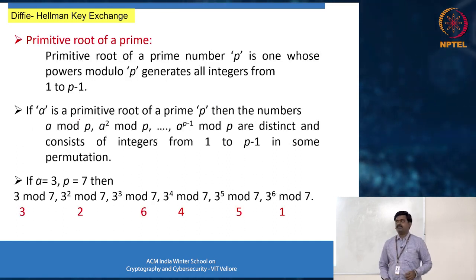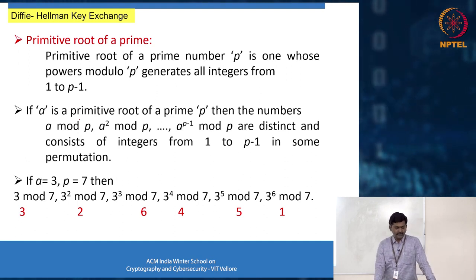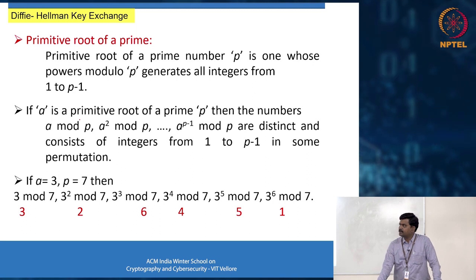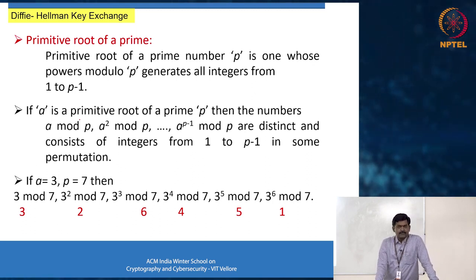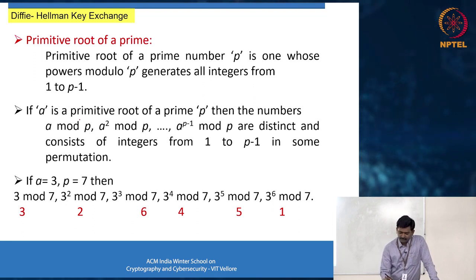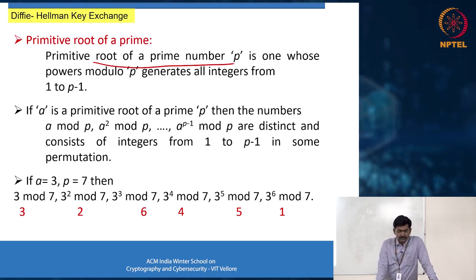Okay, Diffie-Hellman needs understanding of one particular mathematical aspect called the primitive root of a prime number. We all know what a prime number is. What we are trying to define is the primitive root of a prime number p. How do you define it?